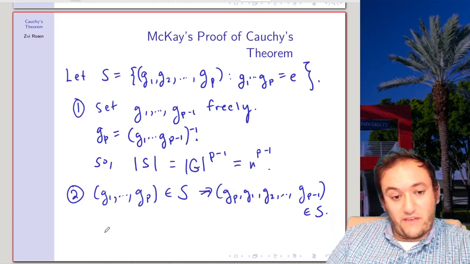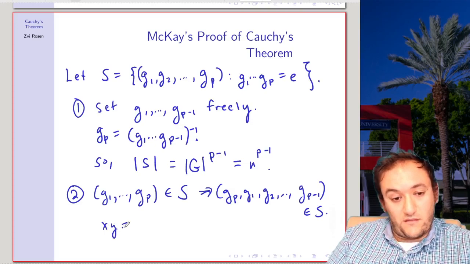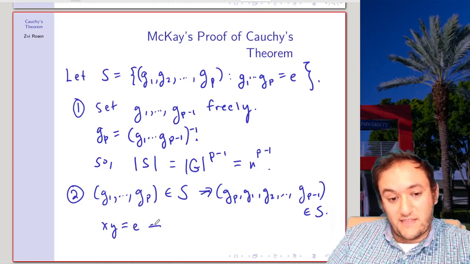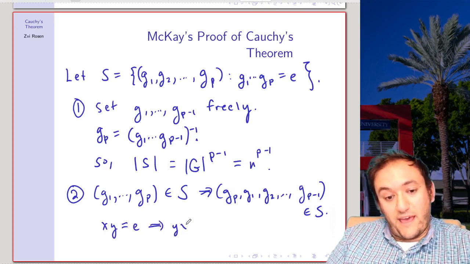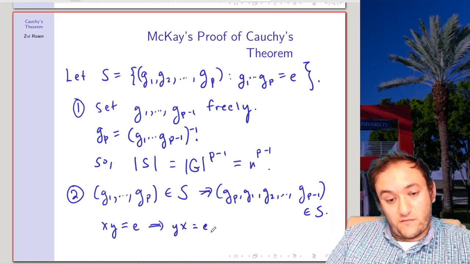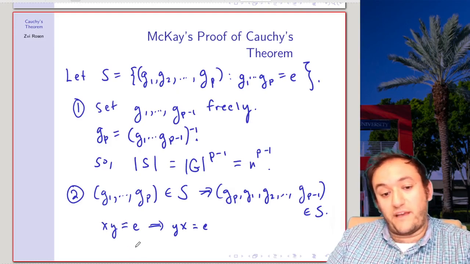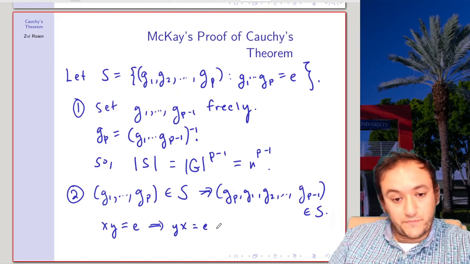So whenever you have xy equals the identity, that means that yx is also equal to the identity. And you can see that by multiplying on the left by y and on the right by y inverse.